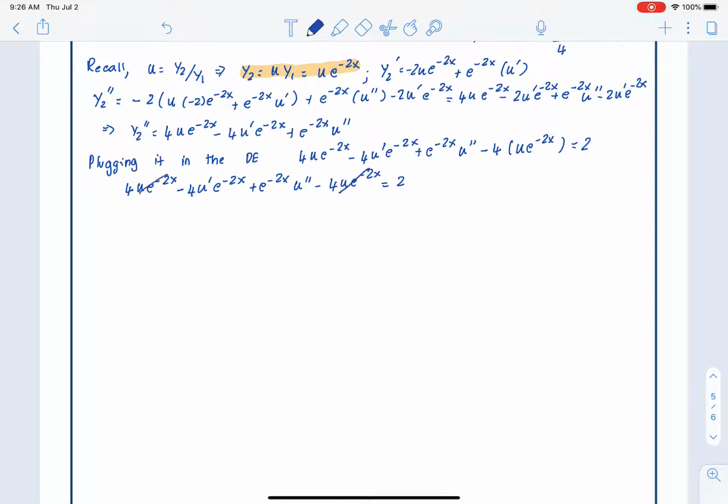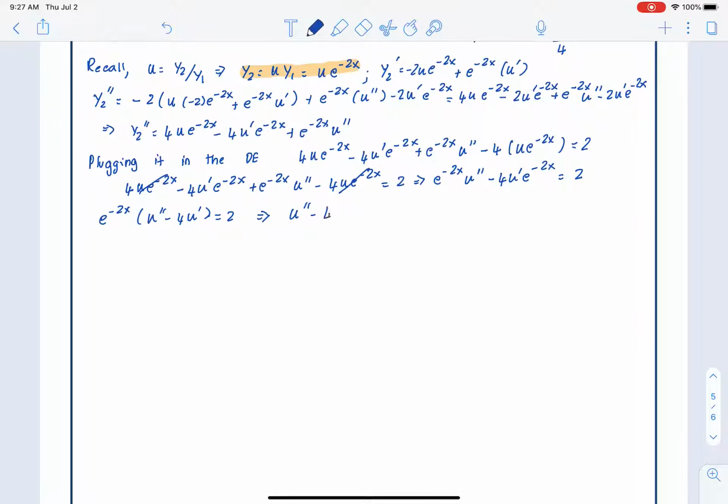Those two terms would go away, and we would have e raised negative 2x u double prime minus 4u prime e raised negative 2x equal to 2. We have e raised negative 2x in common. I could pull that out and multiply by e raised positive 2x on both sides.